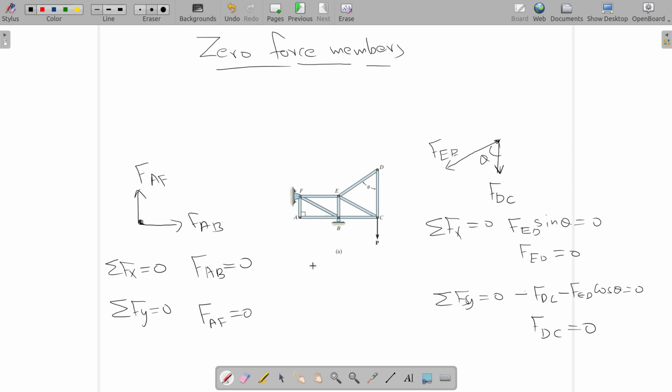And by this time you must have guessed. How do you find it out? At a joint, if you have only 2 member forces and no other external forces, in that case both members will have 0 force. Here also you have a joint, you don't have any external force, only 2 members, so those 2 members will have zero force.